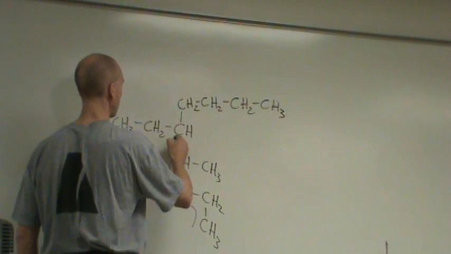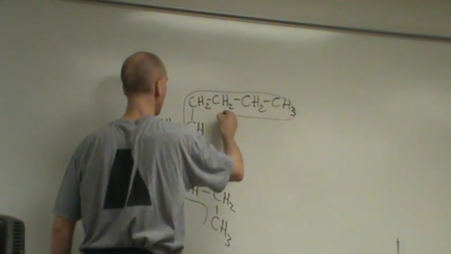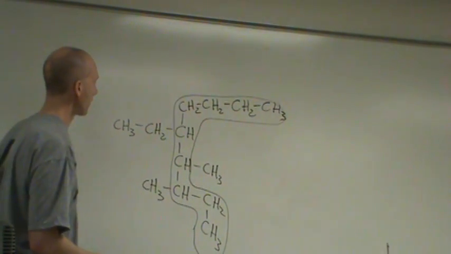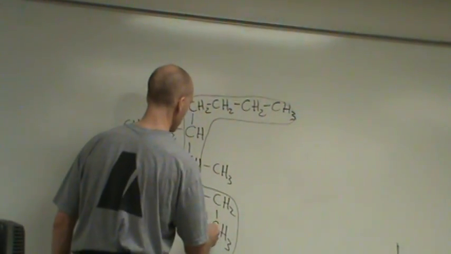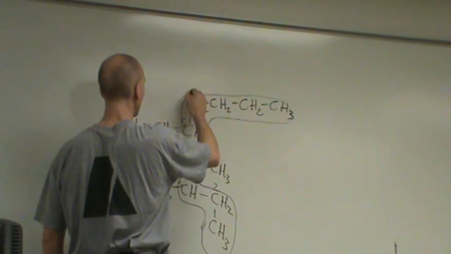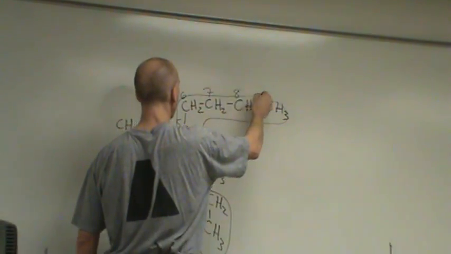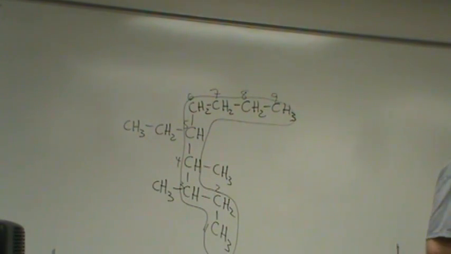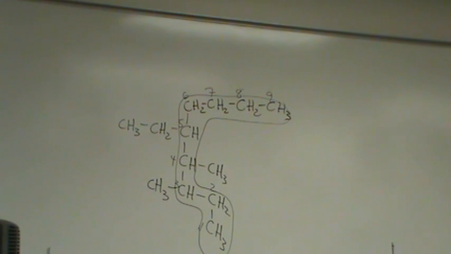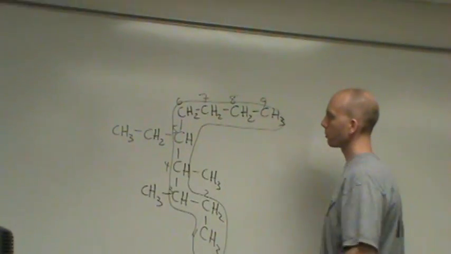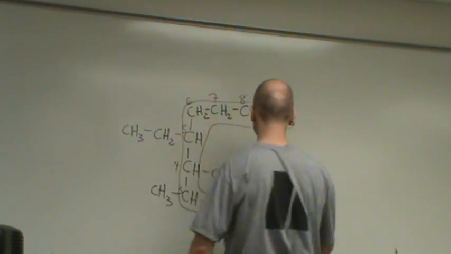So you should have circled the parent chain. Then you should have numbered the parent chain. Ethyl group on number 5.